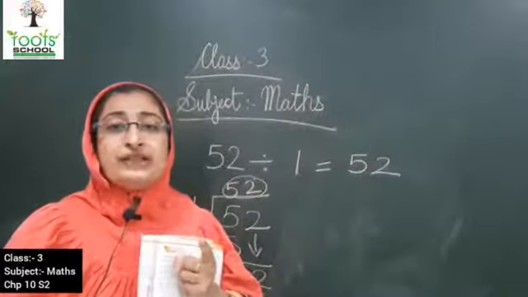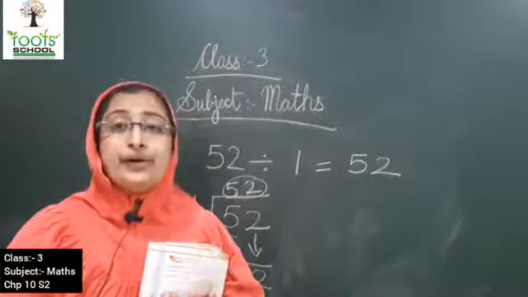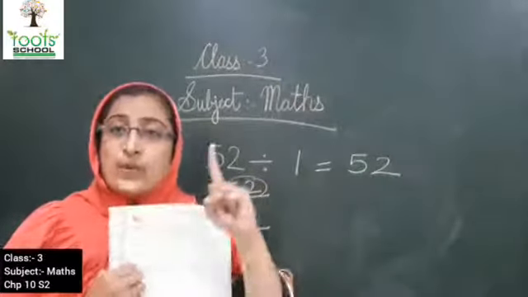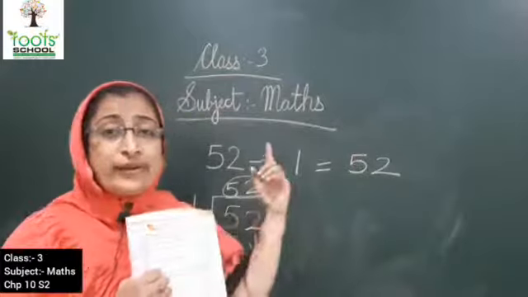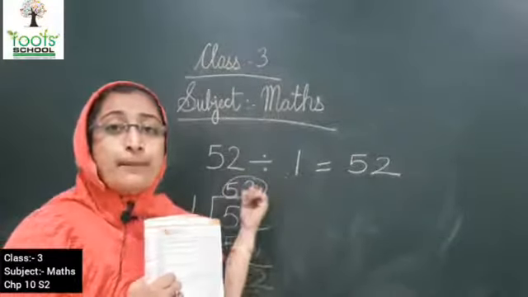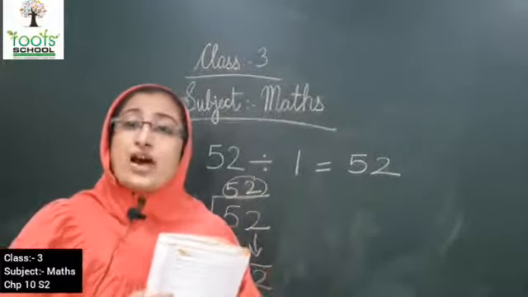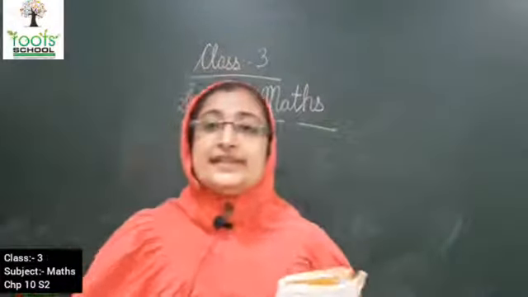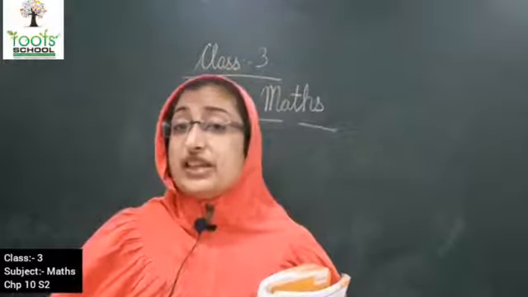Understood? What are the two properties? The first property which we studied is that if we divide a number by the number itself, the result is always 1. And the second property is that if we divide a number by 1, the result is always the number itself. Now kids, let's learn the third property of division. The third property of division is the property of 0.